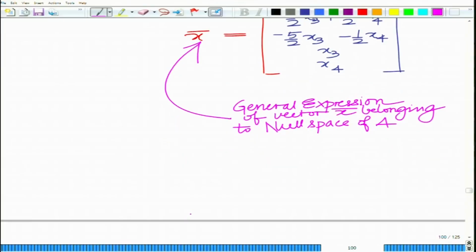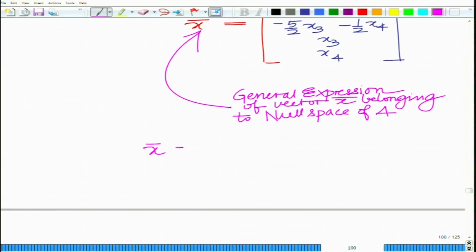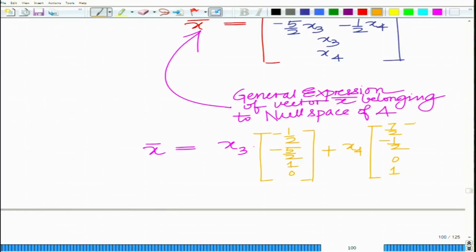Let us try to simplify this a little bit further. We have x bar, and I am going to write this as the sum of two components: x3 times the vector minus half, minus 5 by 2, 1, 0, plus x4 times the vector 7 by 2, minus half, 0, 1.